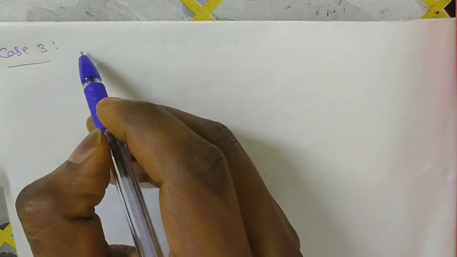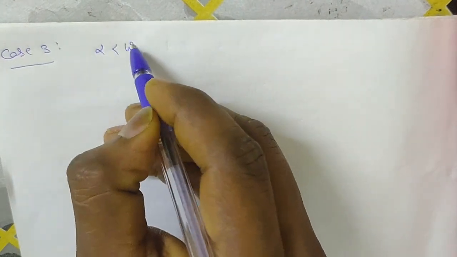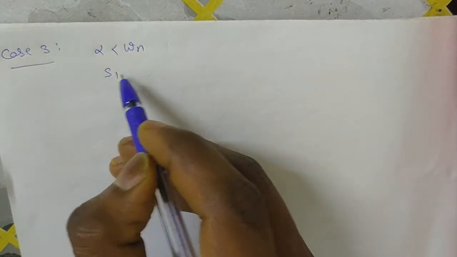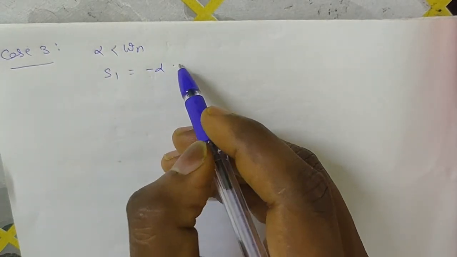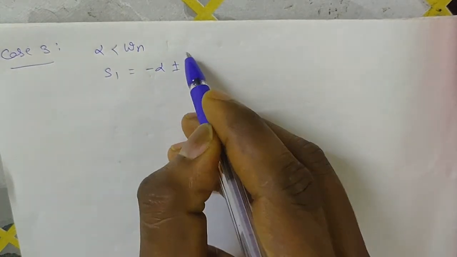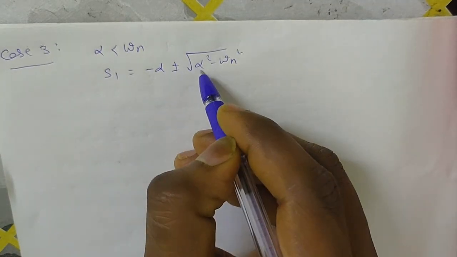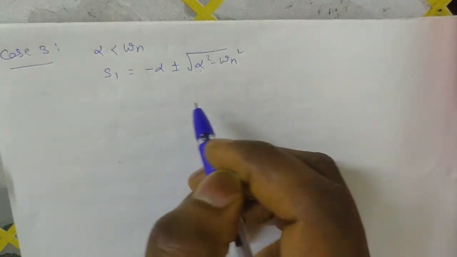For case 3, we will consider alpha is less than omega n. That means the first root will be minus alpha, let us assume plus or minus under root of alpha square minus omega n square. If alpha is less, then the overall expression will be negative.